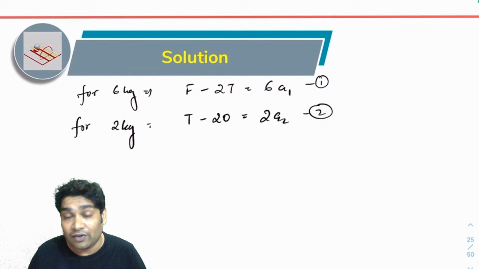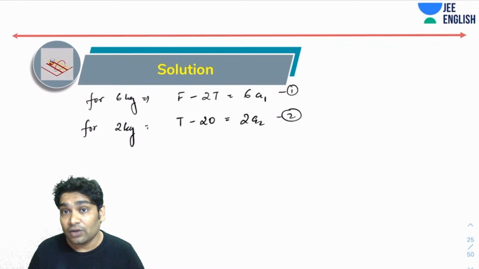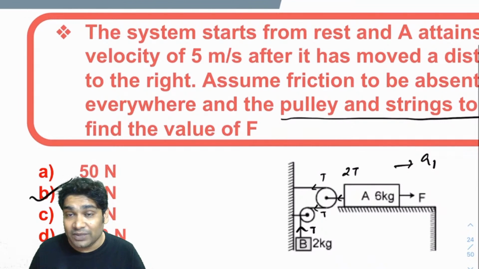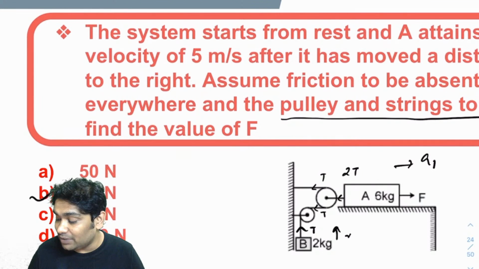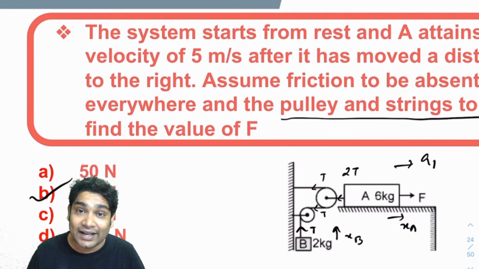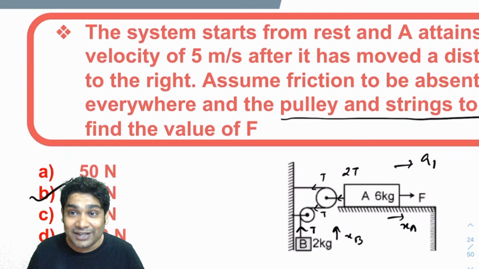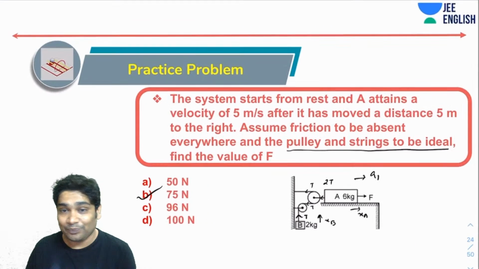Now I have four unknowns, so I need four equations. One I will get from the constraint. From the constraint, what do I get? If this is going up by xb, and this is moving sideways by xa, then from virtual work, T times xb minus 2T times xa would be 0.